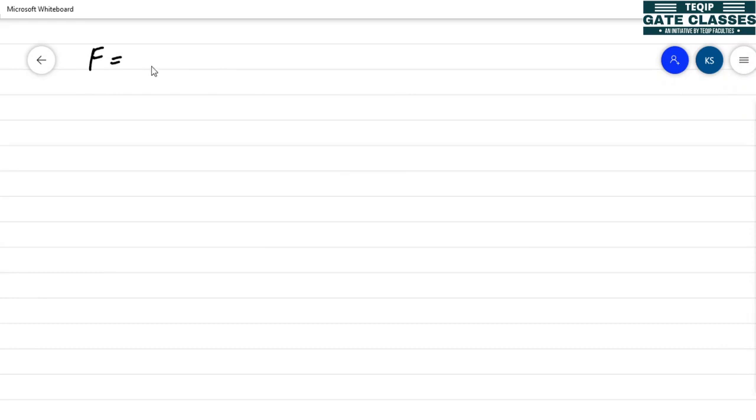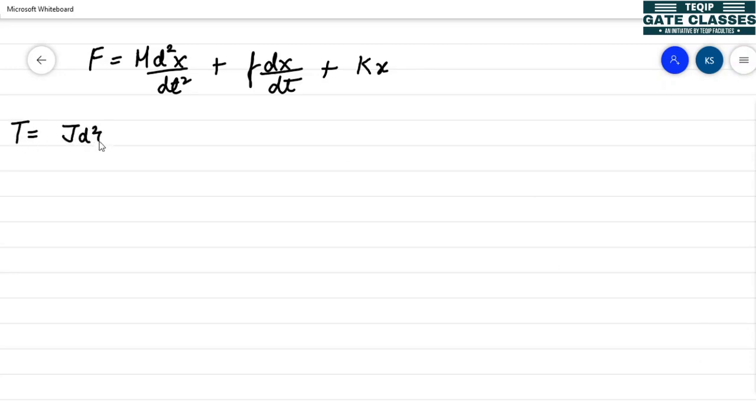For the mechanical translational system, F is equal to m d2x by dt2 plus f dx by dt plus k into x. For the mechanical rotational system, we have found that the torque developed is J d2 theta by dt2 plus f d theta by dt plus k theta.